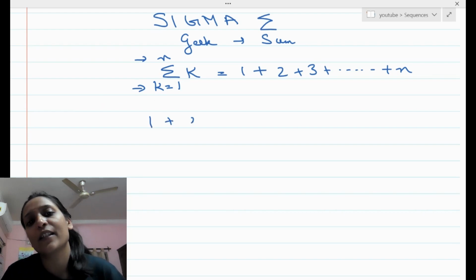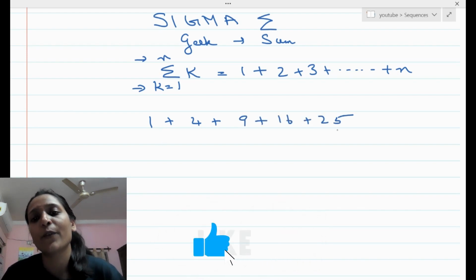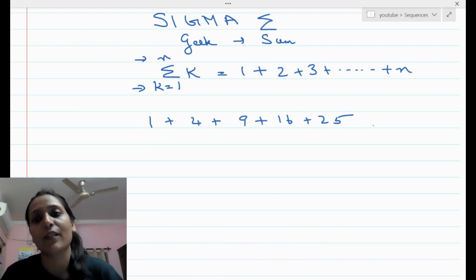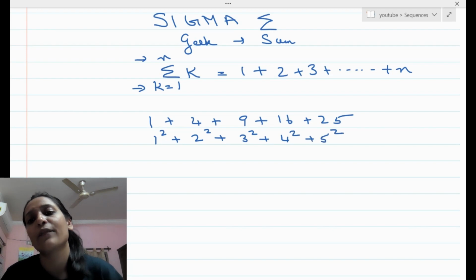So let's look at another example. If I had a series which was defined as 1 plus 4 plus 9 plus 16 plus 25, if you observe, this is neither a geometric series nor an arithmetic progression. So what we would do is see if there's any pattern associated with the numbers. This clearly looks like 1 squared plus 2 squared plus 3 squared plus 4 squared plus 5 squared.